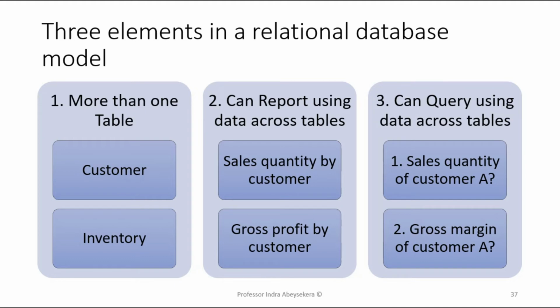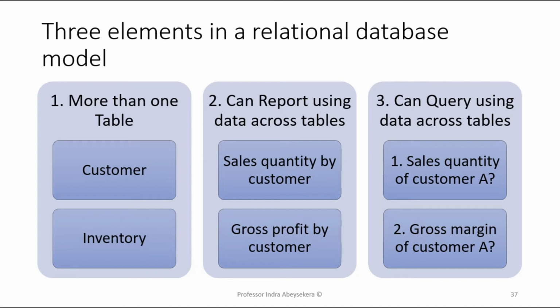Then the reporting is done across tables. When a report is to be done, it will use data from the customer file, it will use data from the inventory file, and then it can make a report using these two different database files.